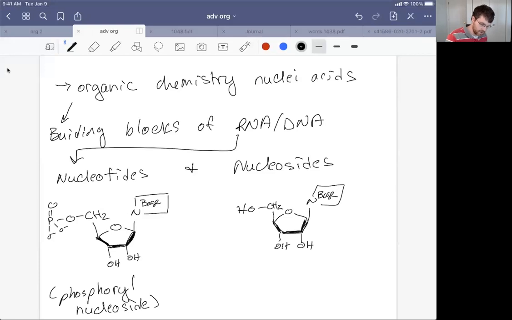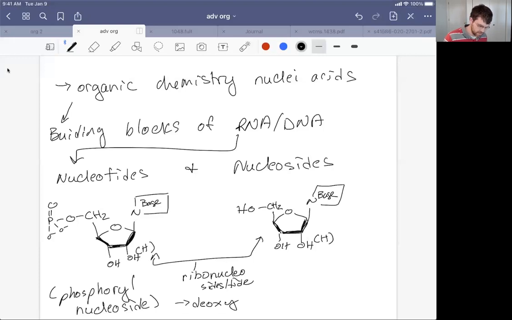These are ribonucleotides and ribonucleosides. And the deoxy version would have an H at this position, which I'll highlight with green.